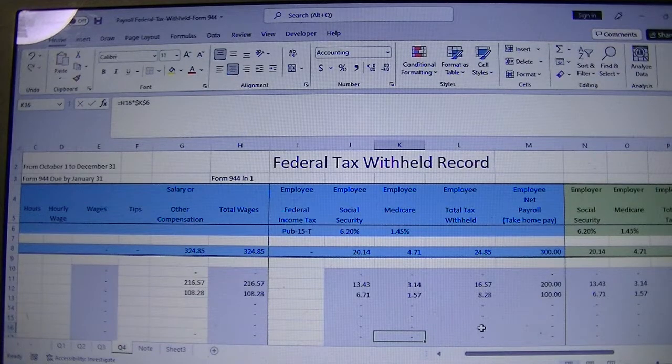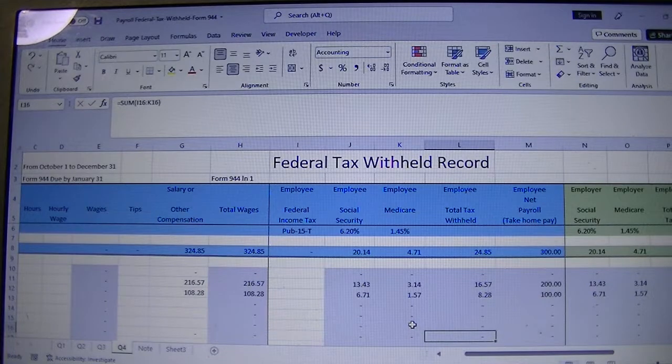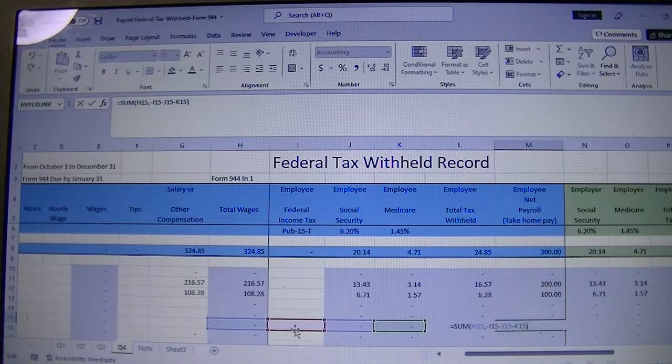The tax withheld is just the total of federal income tax, Social Security tax withheld from the employee, and Medicare tax withheld from the employee. So it's all about the employee. And the net is taking the amount you pay, the gross, minus the federal income tax withheld, minus employee Social Security tax withheld, minus employee Medicare tax withheld.